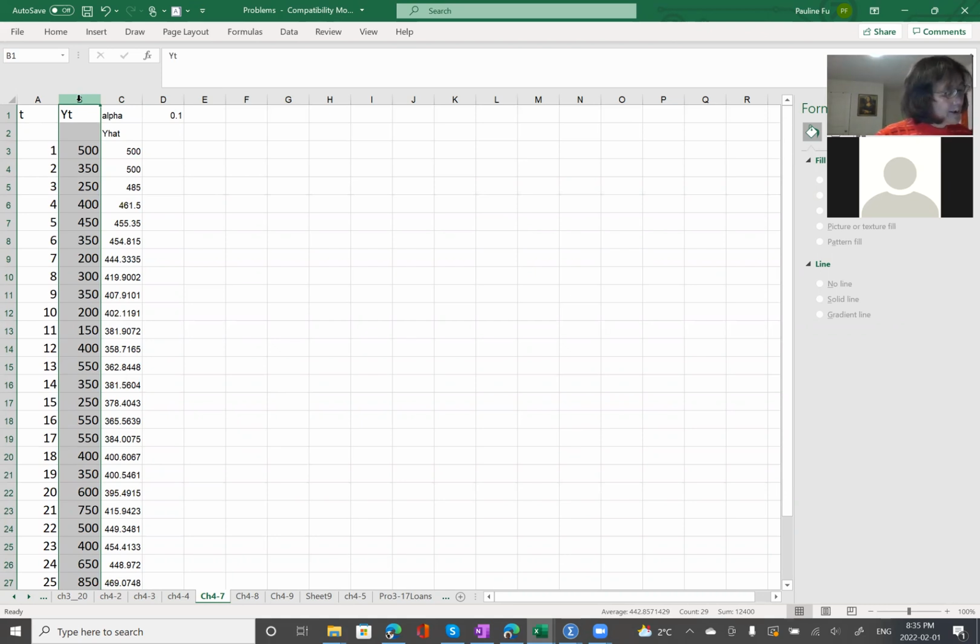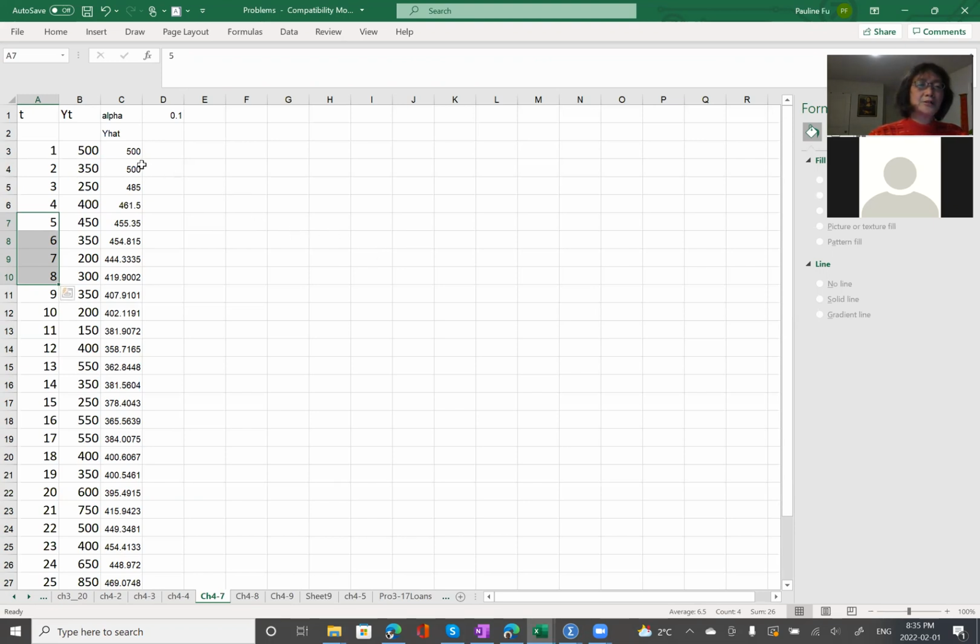It is about sales data from year 2000 to year 2006, and it is quarterly data. So year one, you have quarter one, quarter two, quarter three, quarter four. This is year two, quarter one, quarter two, quarter three, quarter four, etc. What you are asked to do, first of all, is examine the data by creating a line chart to explore the data patterns.